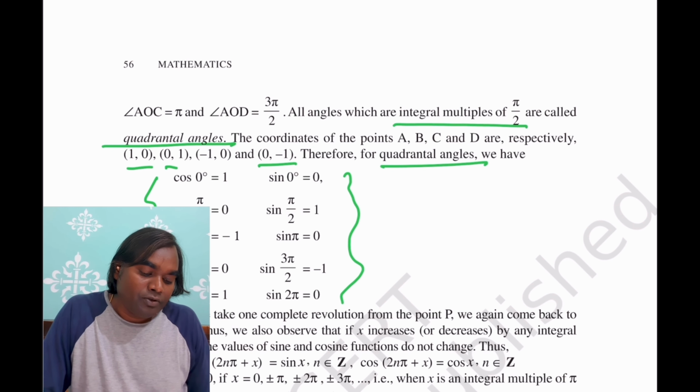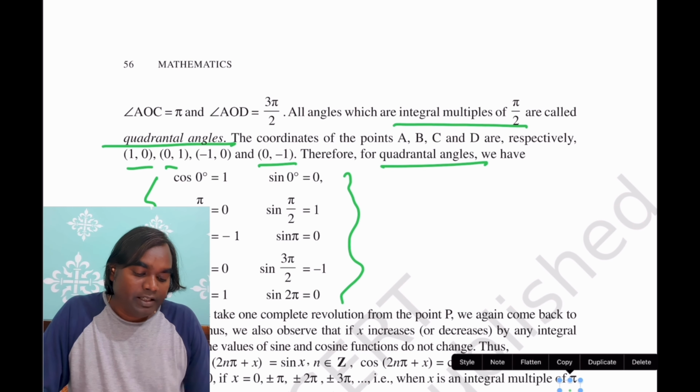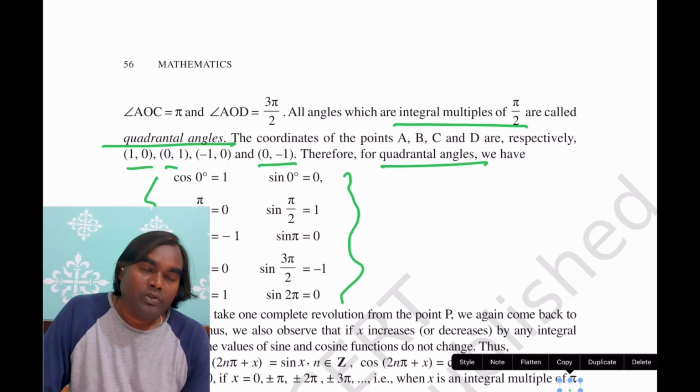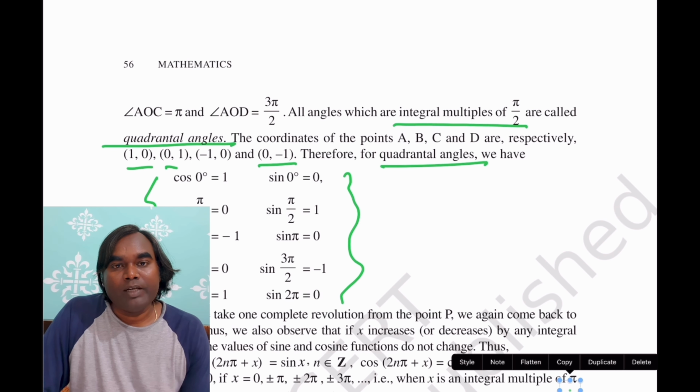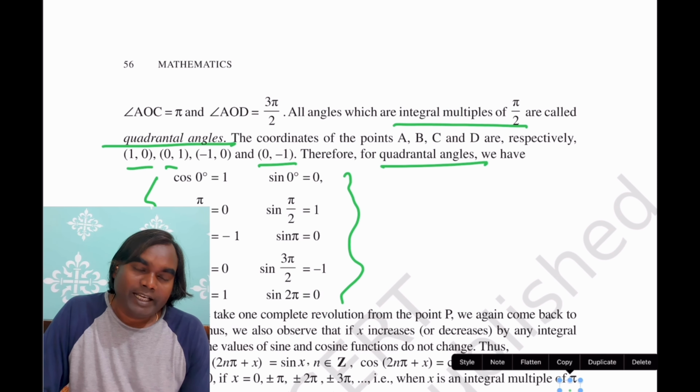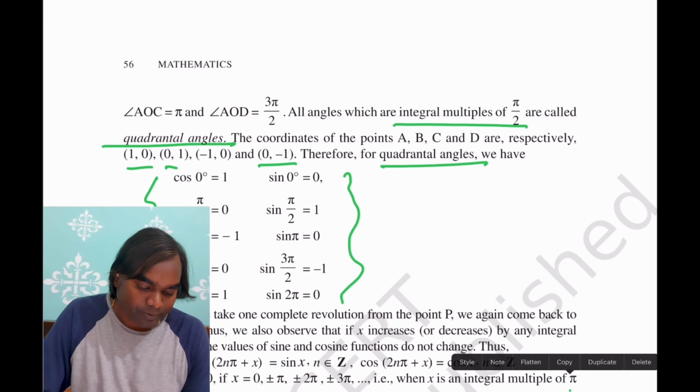This is very useful. Cos 3 pi by 2 is equal to 0, sin 3 pi by 2 is equal to minus 1 and cos 2 pi is equal to cos 0 is equal to 1. Sin 2 pi is equal to sin 0 is equal to 0.